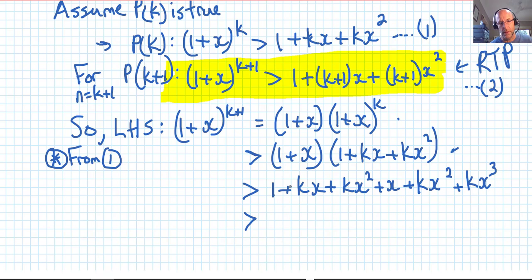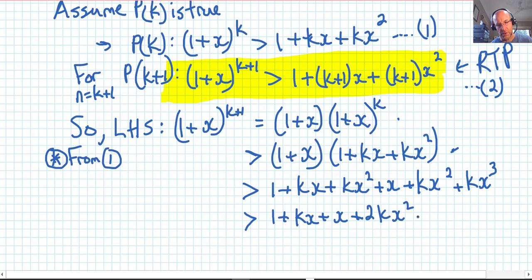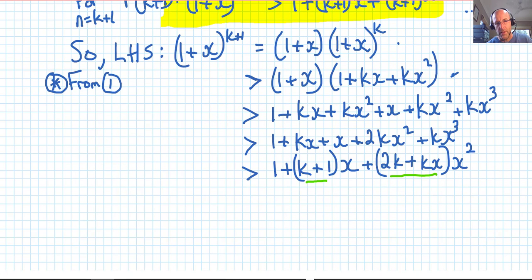And then we simplify everything, so we have 1 plus kx plus x plus 2kx² plus kx³. This last line might not be apparent first time you do one of these.